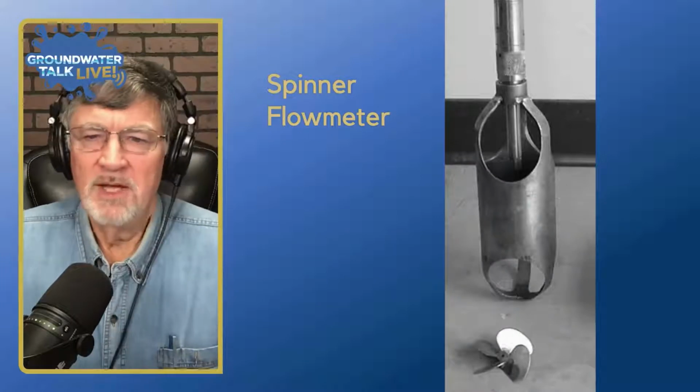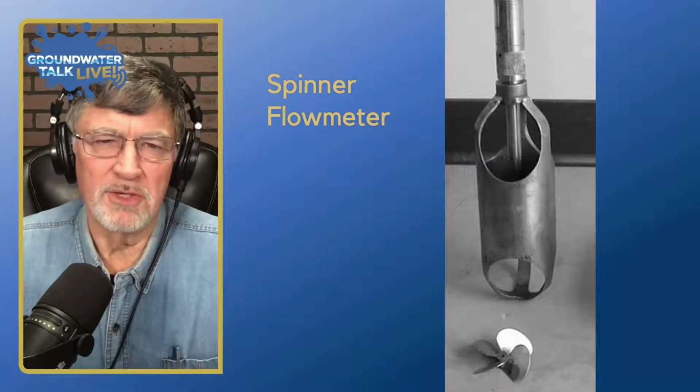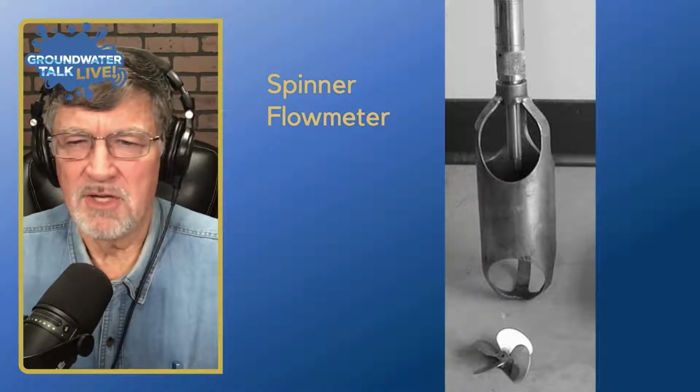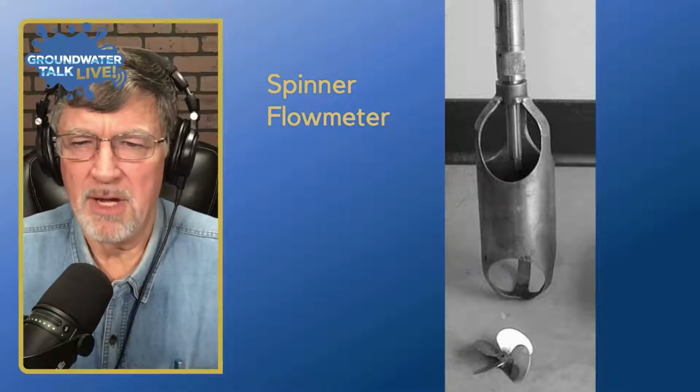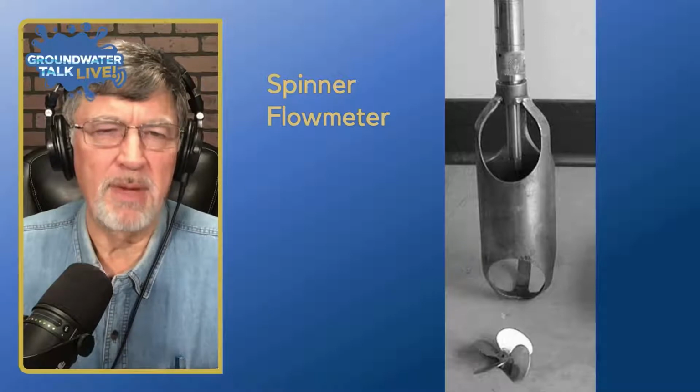All right, so these are the individual types of flow meters. This is a spinner flow meter, also known as a propeller or a spinner, and it's got a little propeller in there, and that propeller is going to spin based on the flow of the water past it.